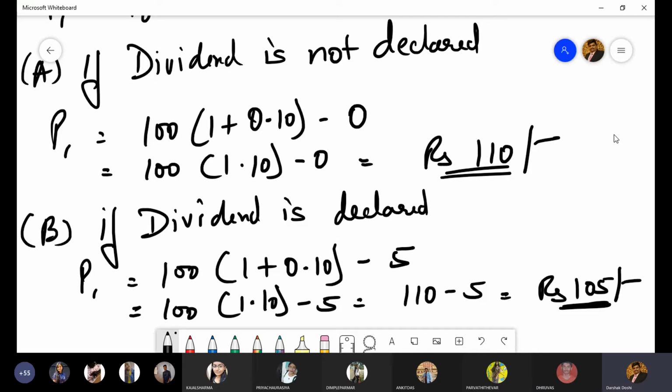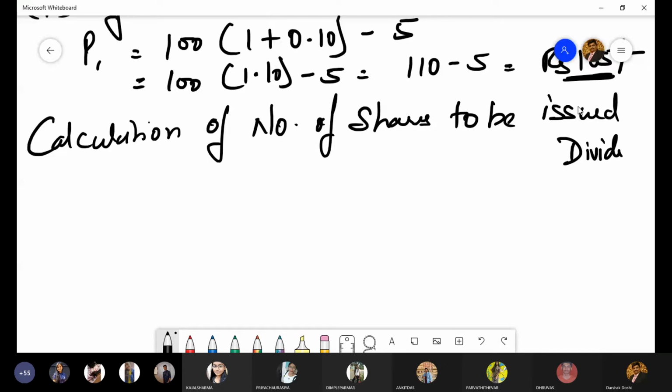Okay, now we will do the shares to be issued under the condition that dividend is paid and dividend is not paid.